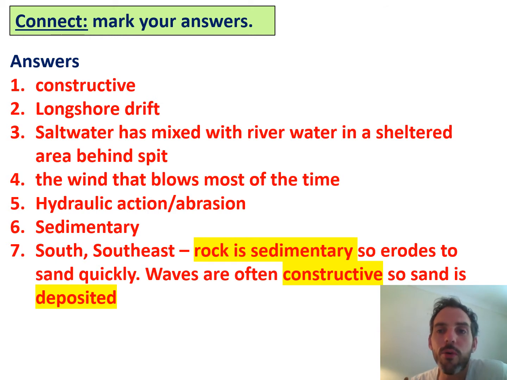At its shortest point, it's only 26 miles across the sea between the UK and France. People can even swim across the channel. Whereas around the west of the UK, the fetch is several thousands of miles across the Atlantic Ocean. So therefore waves are much bigger, more destructive and often erode, whereas on the south coast we get much more deposition.